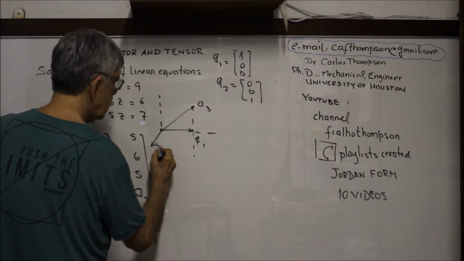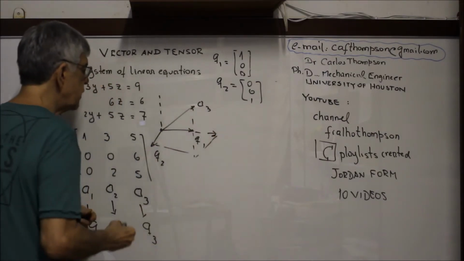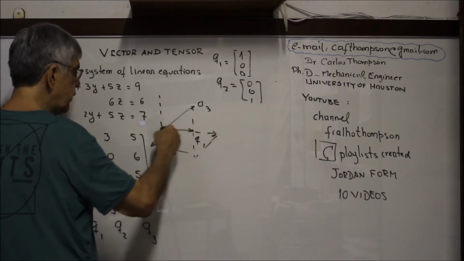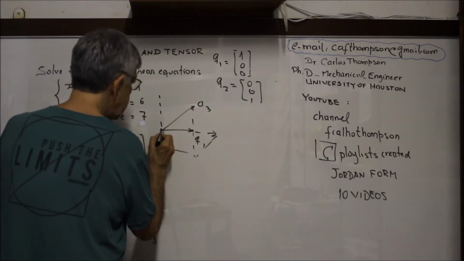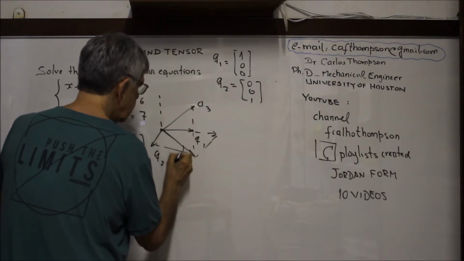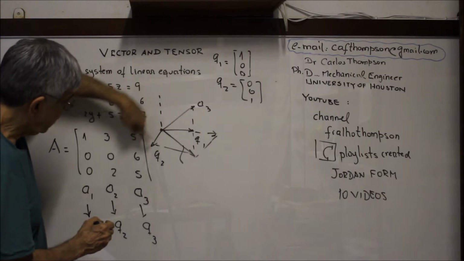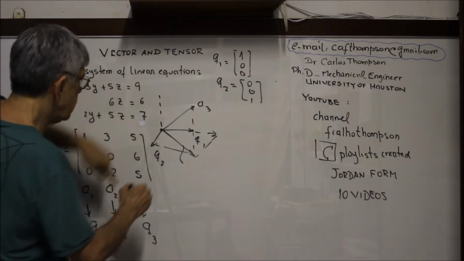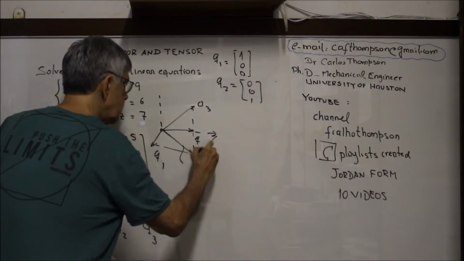Okay? Now, I have this vector here plus this vector here. So I'll project A3 on this plane. This vector here will be the projection of A3 on this. Let's put Q1 and Q2 here. Okay?